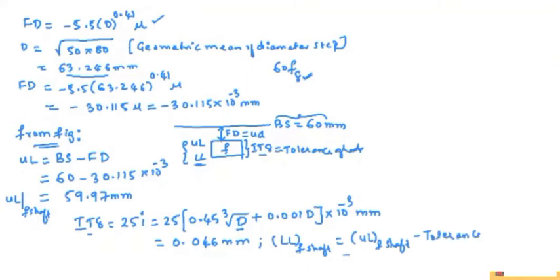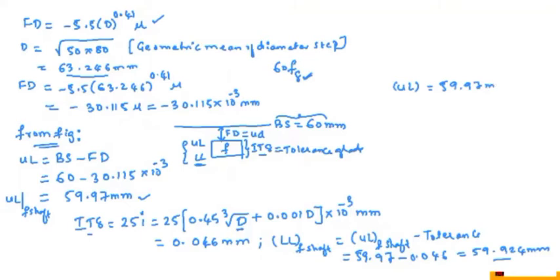You got the upper limit as 59.97 minus tolerance 0.046. If you do this calculation, you will be getting the answer as 59.924 mm.